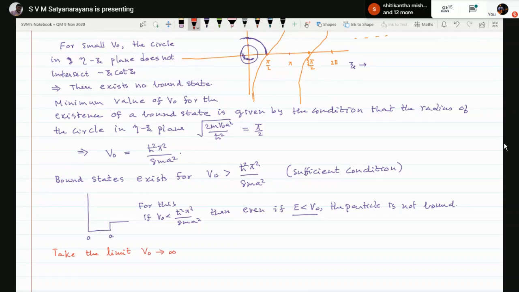Physically we know that if V naught is tending to infinity, this becomes a particle in a box. Correct? You have one side anyway infinity. Okay, so it is a particle in a box.